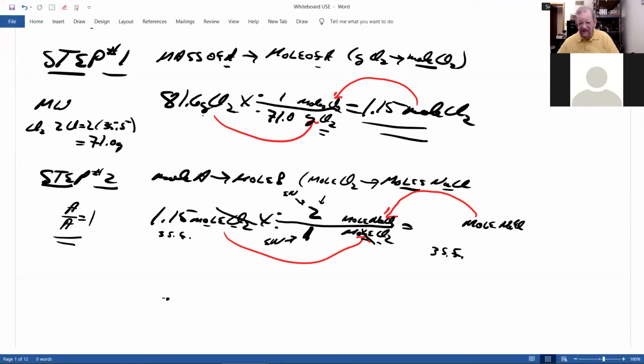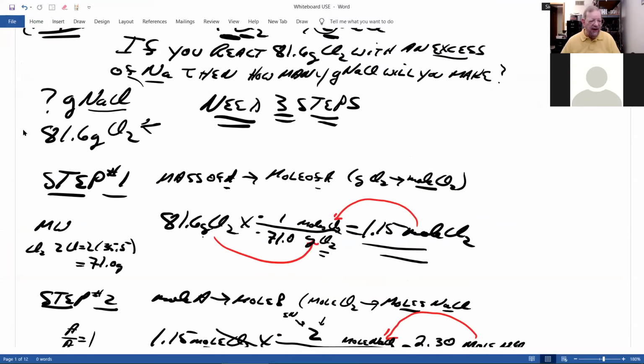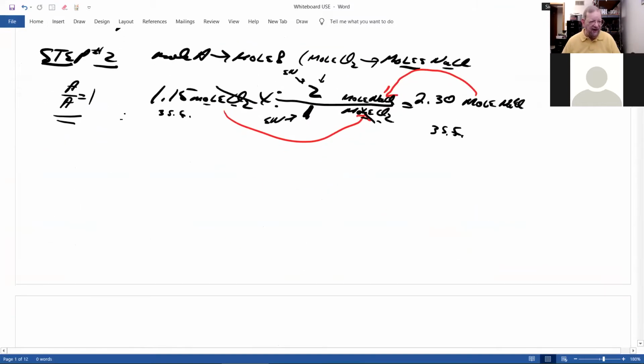Am I done? No. If you come back up here, we have to find grams of sodium chloride. So now it's time for step number 3.